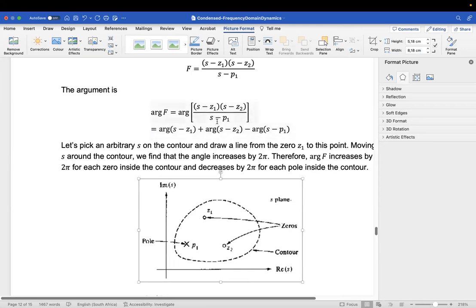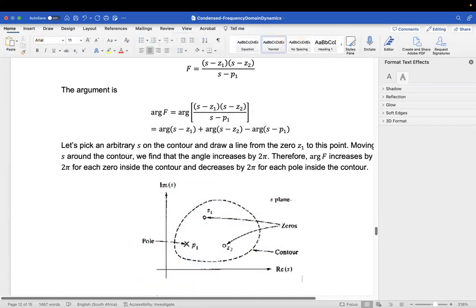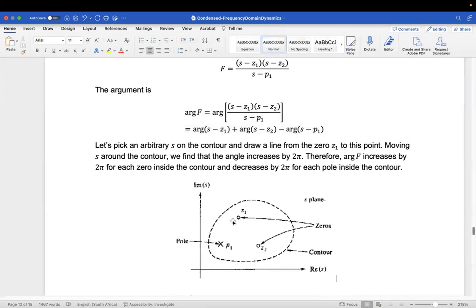And similarly for S minus P1, if we consider from the perspective of the pole here, so we've chosen here, we can see the angle is going to increase by a plus 360 degrees. So for S minus each of these values, if we look at the walk around that value, it's going to be a plus 360 degrees.